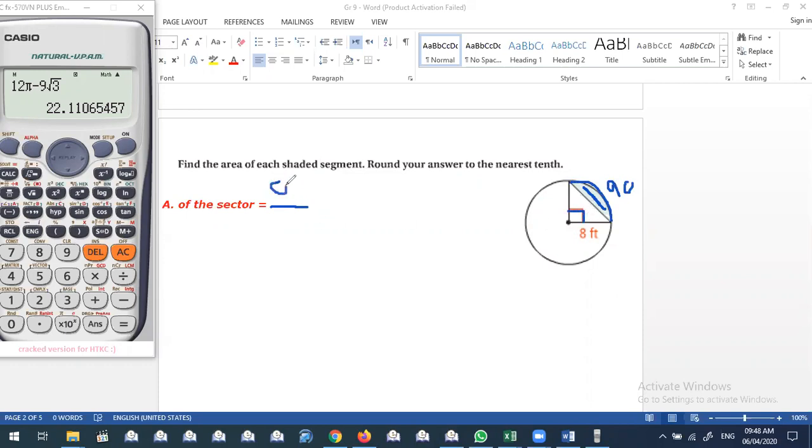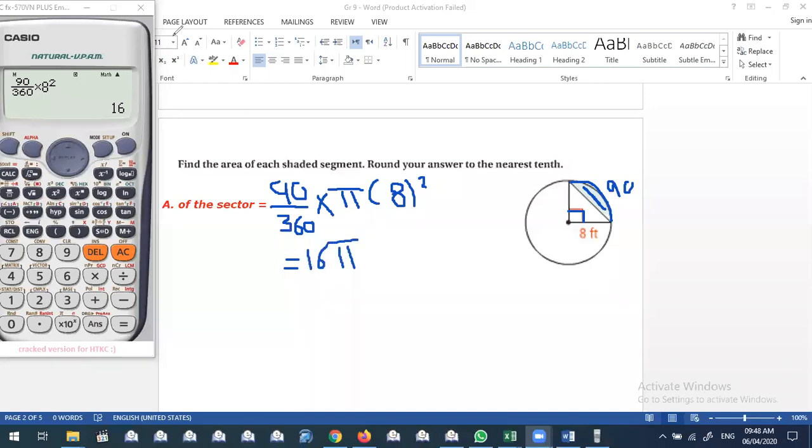So 90 over 360 times pi r squared, where r here is 8. 8 power 2. So the answer is 90 over 360 times 8 power 2. 16, and don't forget pi.